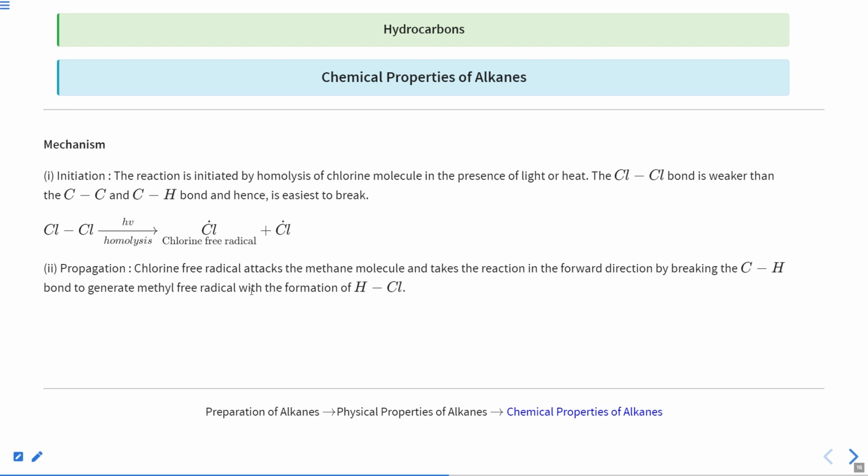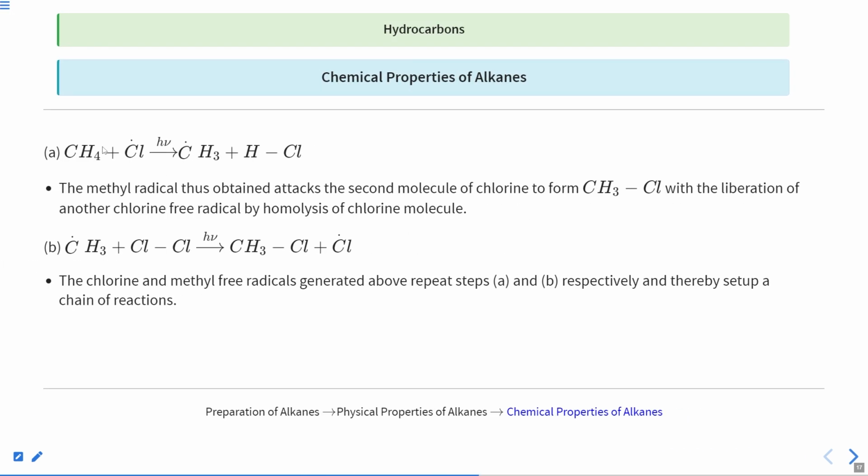Next is the propagation. In the propagation reaction, this chlorine radical attacks the methane molecule, and the reaction is carried forward by breaking the bond between carbon and hydrogen to form the methyl free radical and HCl. So here is the reaction for you. This CH4 is reacting with Cl dot, and this Cl dot cleaves a carbon-hydrogen bond that results in a carbon radical and HCl.